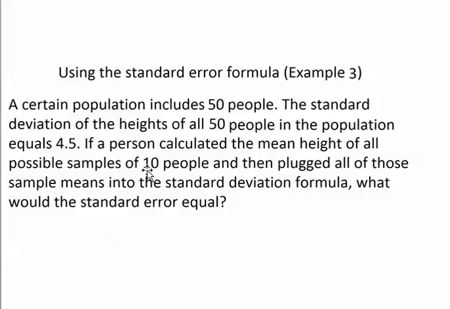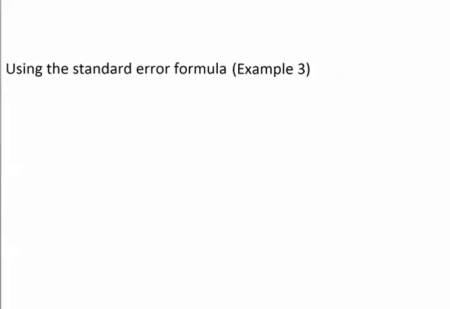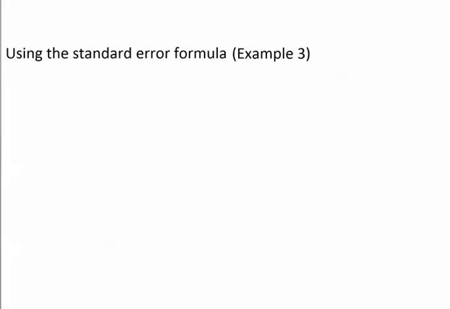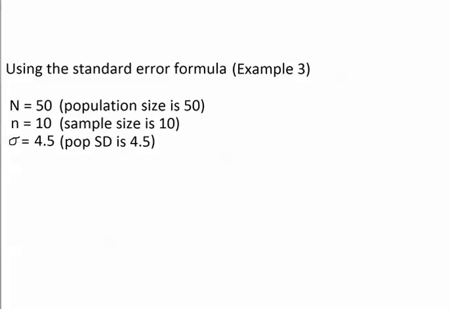And the sample size is 10 because we're dealing with all possible samples of 10 people. So let's take those 3 numbers and plug them into the standard error formula. Capital N is the population size, little n is the sample size, and sigma is the population standard deviation.